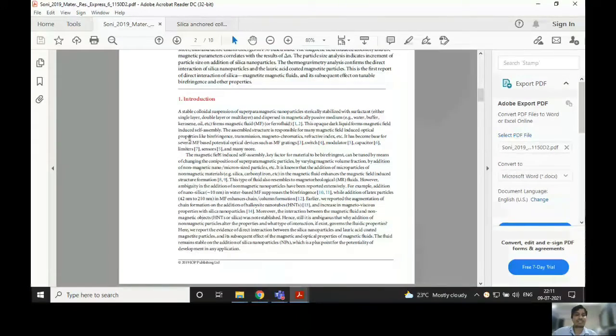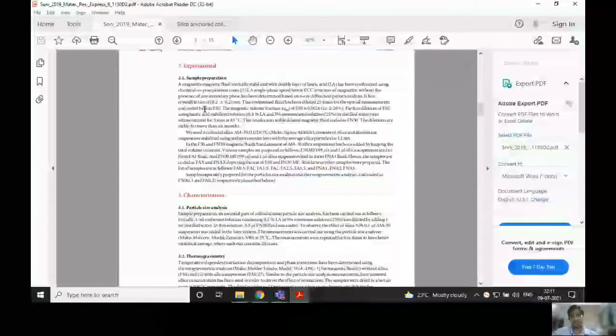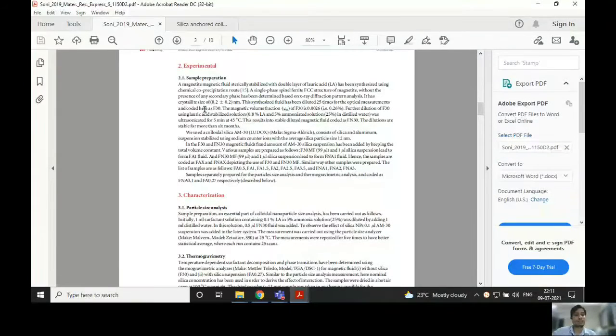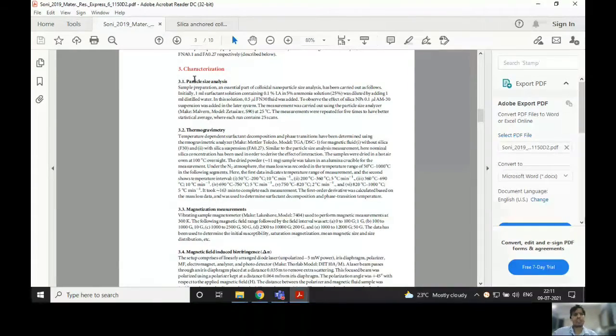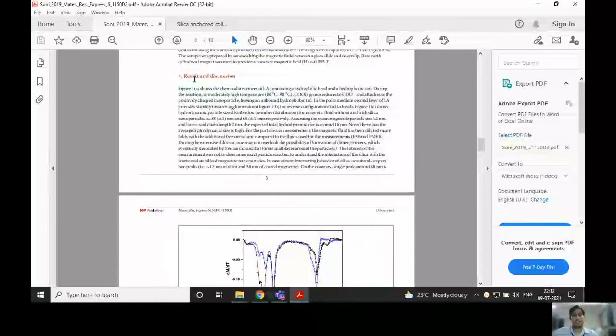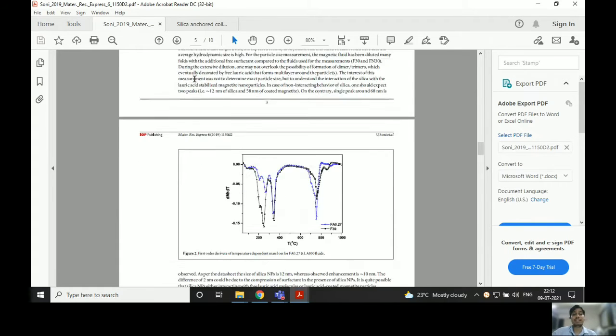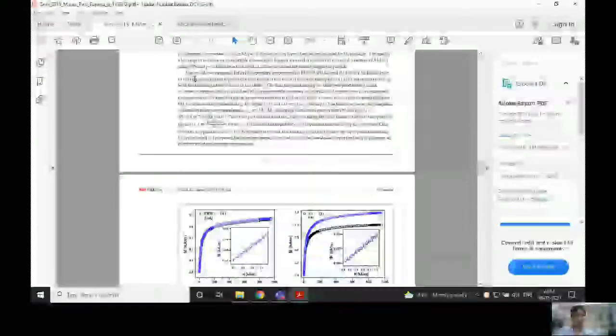Later the paper starts with the introduction, and then if the authors are from the experimental side, there is some experiment, or to execute those experiments, what kind of characterizations they have performed. So later on there is a characterization part, and then there is a result and discussion, in which the authors put all their results, including graphs and all those things.